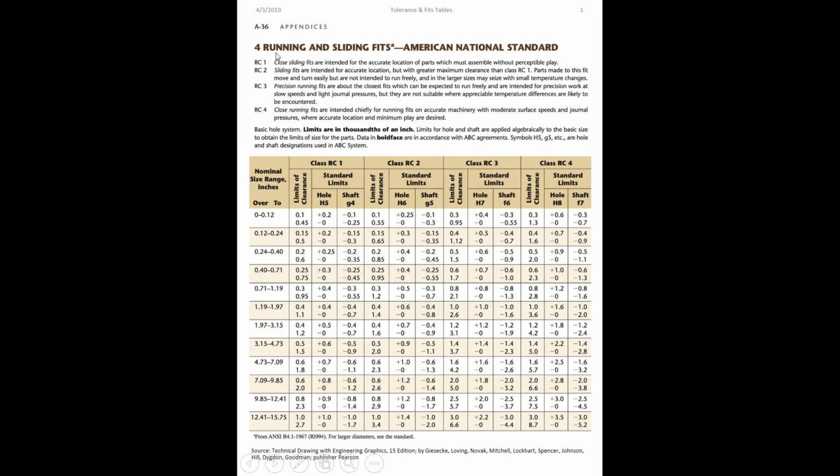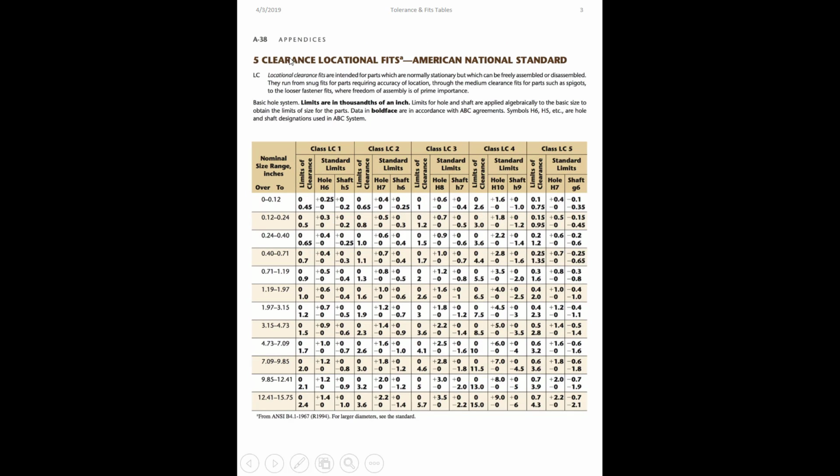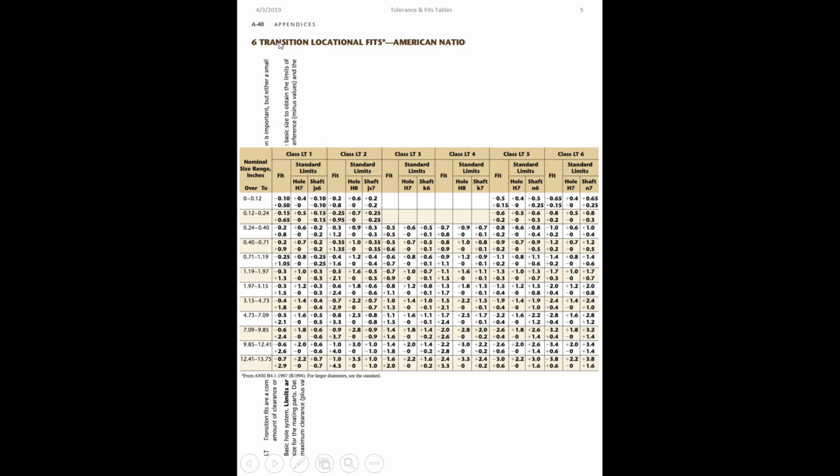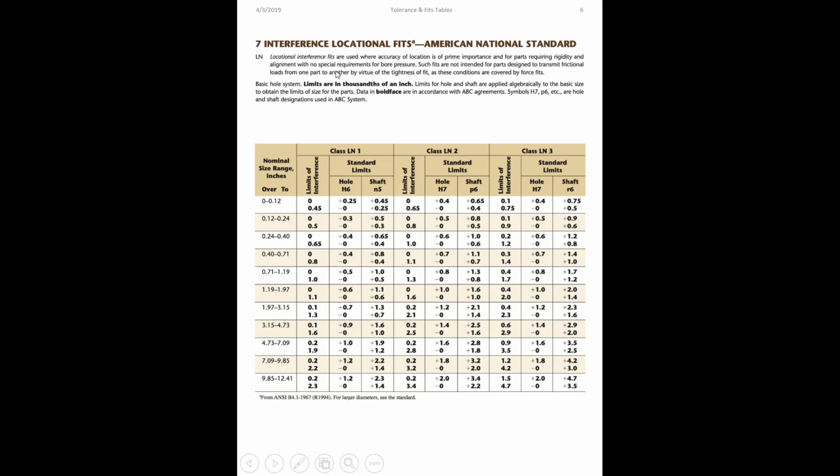The tolerance is pretty big in the first one, and you have a big hole, little shaft. In the second one, the tolerance is getting tighter, but you still have a big hole, little shaft. In the third one, either the hole or the shaft could be bigger than the other.